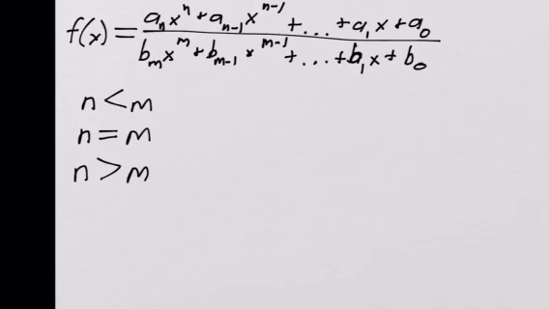So, I'm going to start with the two real easy ones here, which are when n is greater than m, it turns out that we have no horizontal asymptote. And I mentioned in the last video I can never spell asymptote correctly, so something you will see me do frequently is abbreviate asymptote ASY.